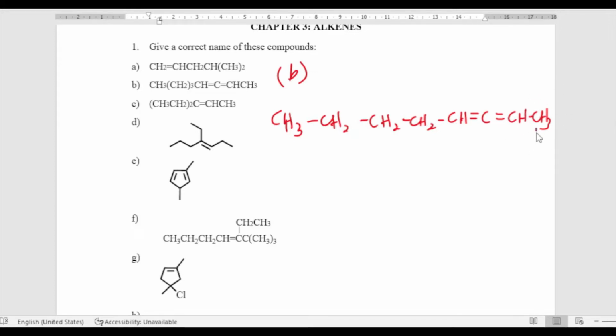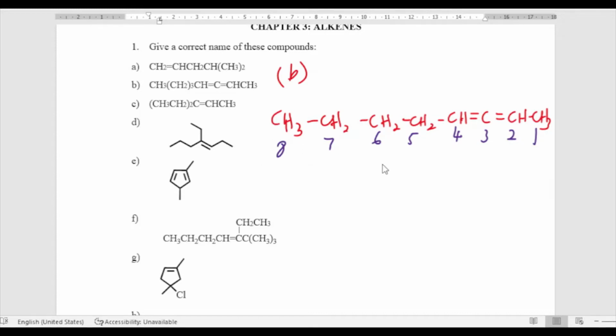So the numbering is 1, 2, 3, 4, 5, 6, 7, 8. 8 means the name will be octa. But here we have 2 double bonds. The first double bond is at carbon 2 and the next double bond is at carbon 3. If there are 2 double bonds in the compound, the name will be diene.